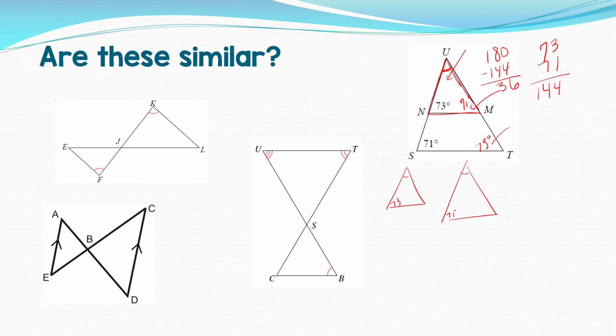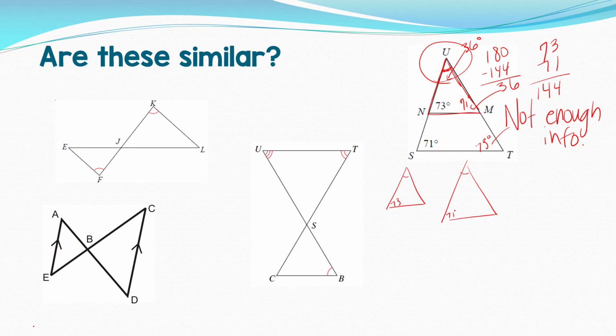If this angle was 36 degrees, then those could be 73 and 71, and then it would be okay. However, we don't know that this angle is 36 degrees. So this is not enough information.